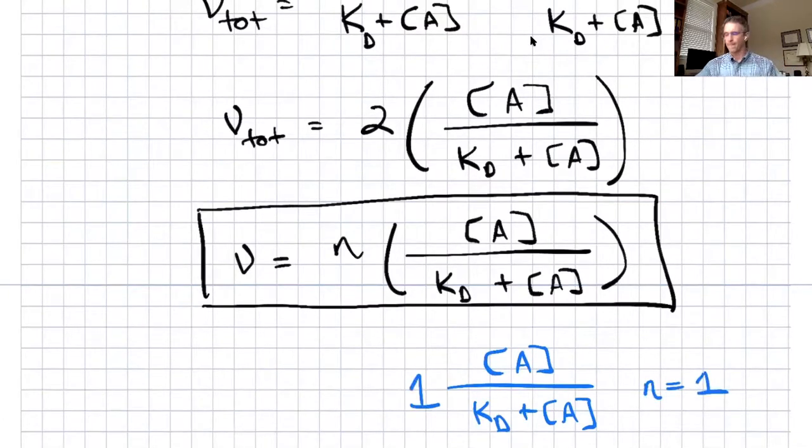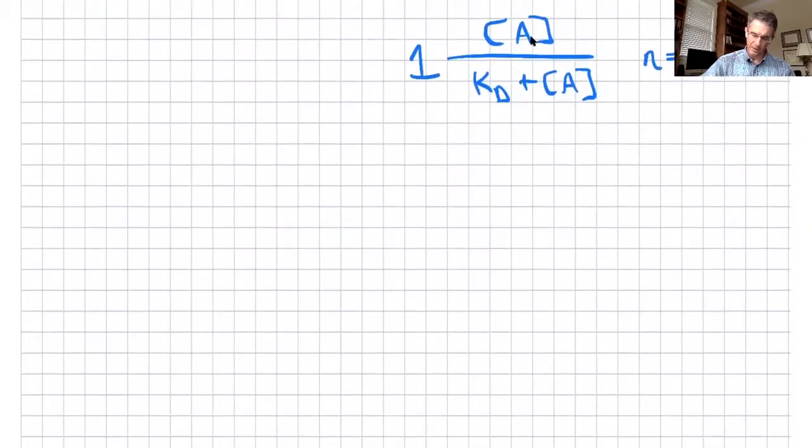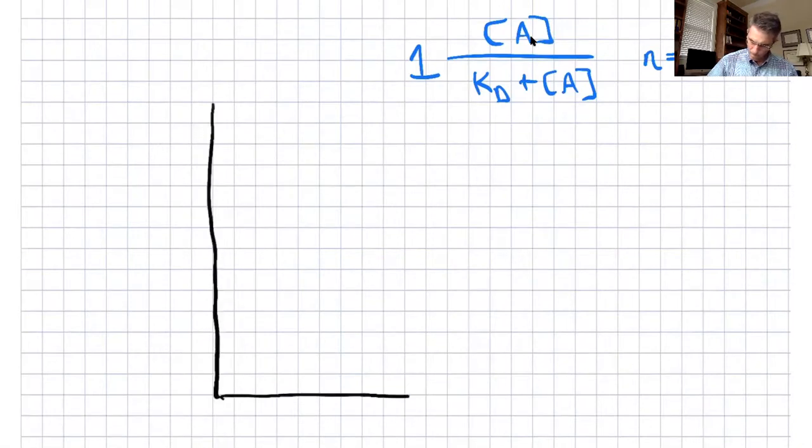Okay. Now, the cool thing is also, if you took a protein like this that had, say, 2 binding sites, and you do that standard titration, the standard plot, you plotted this out here.